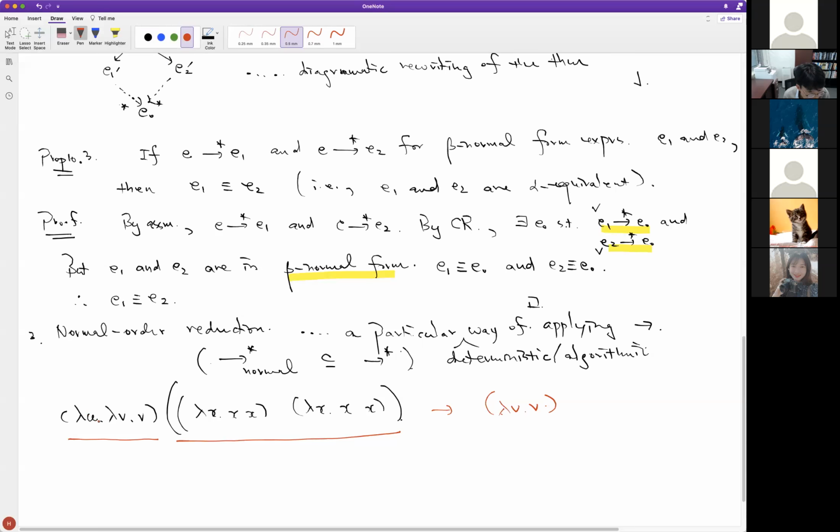That's because the body of the lambda abstraction is lambda v dot v, where the parameter u doesn't appear. So if you apply beta reduction, that's what we get. But if you apply the beta reduction to the argument here, in that case we end up with exactly the same thing.